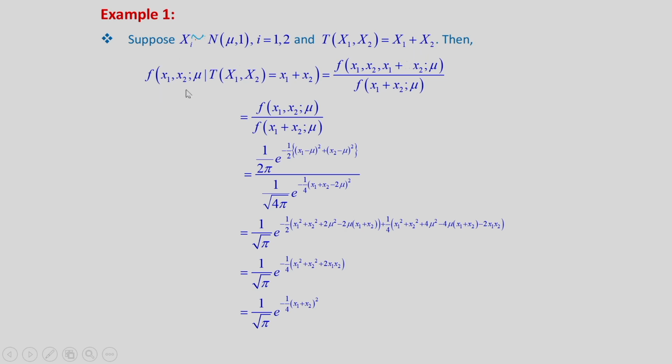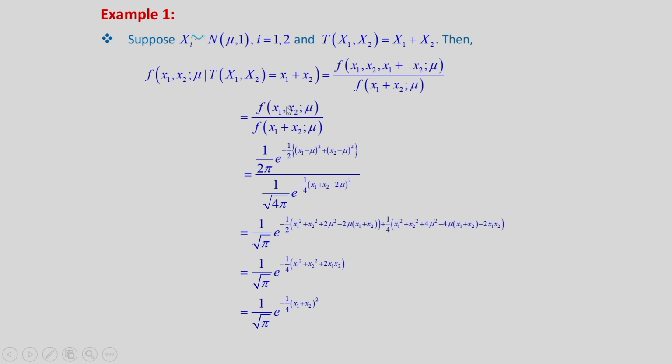Now, the conditional PDF f of x1, x2 as a function of mu given T(x1, x2) equal to small t, that is x1 plus x2, is equal to the joint PDF of x1, x2, x1 plus x2 as a function of mu divided by the marginal PDF, that is f of x1 plus x2 as a function of mu. So, this is the conditional PDF in terms of the joint PDF and marginal PDF.